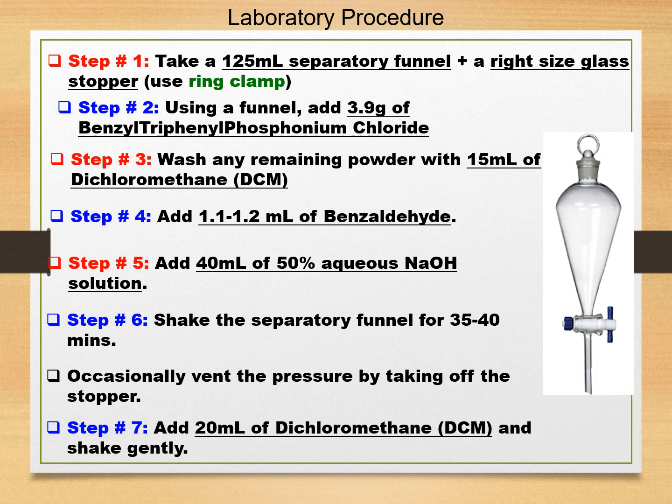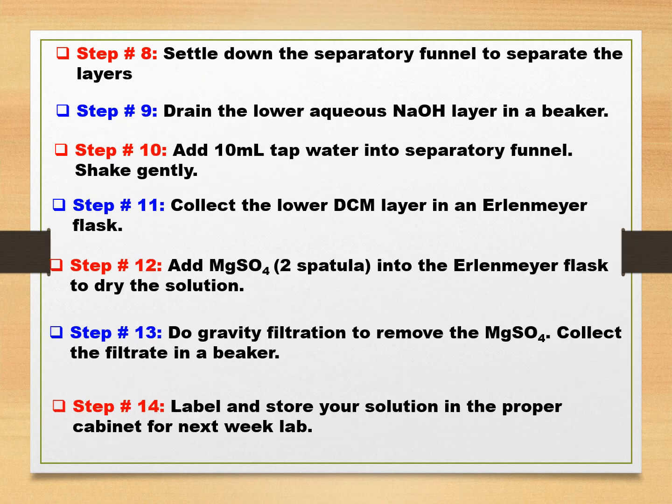Then the next step is to add again 2 milliliters of methane, and then keep shaking, and of course with frequent venting. And then we put the separatory funnel in the ring stand so that we allow layers to form.